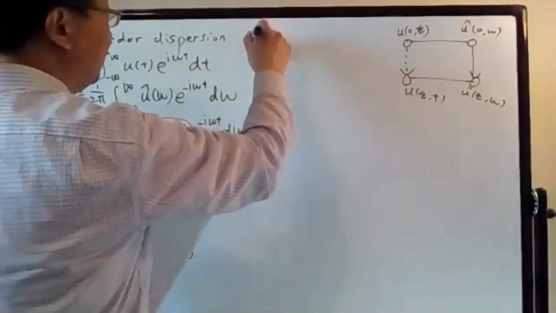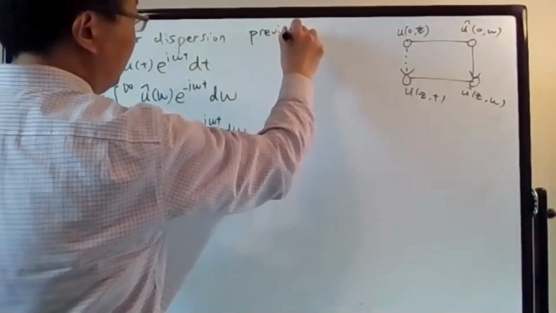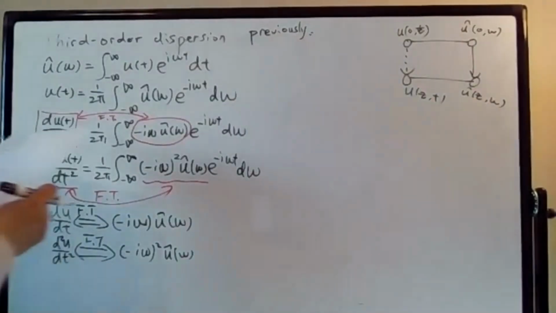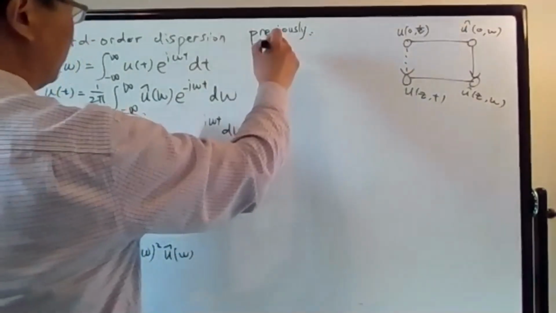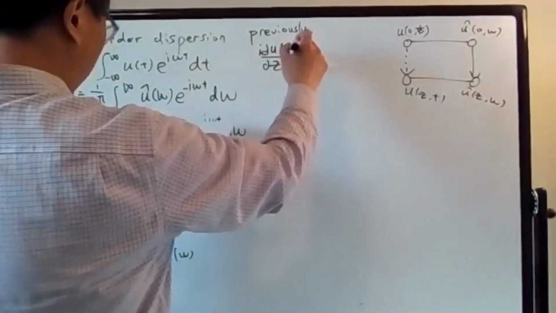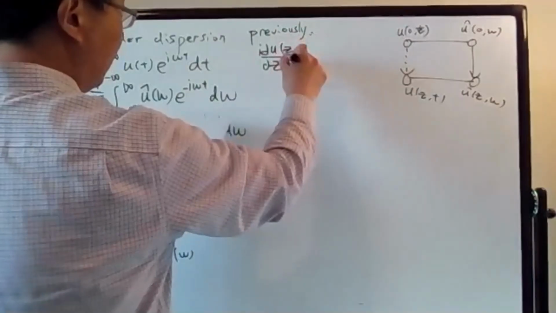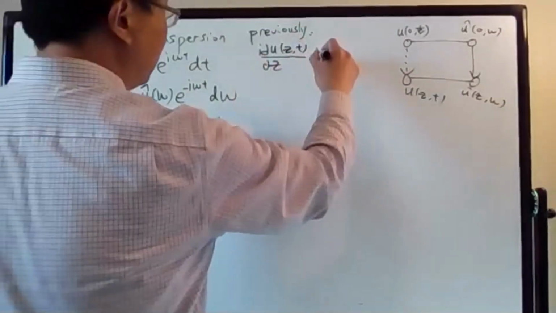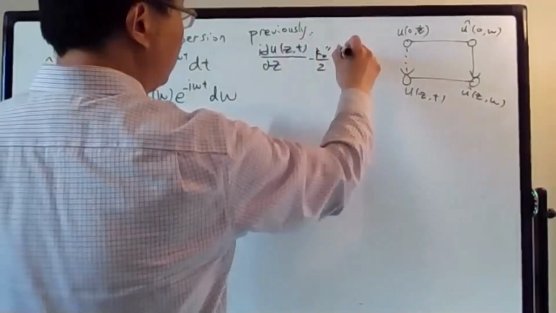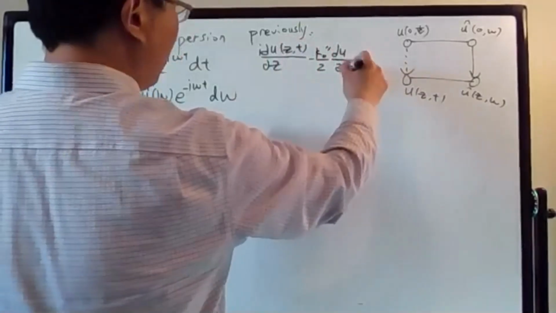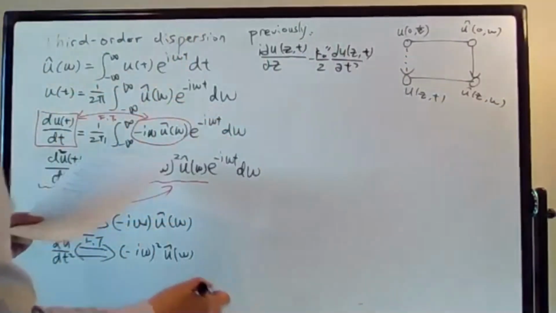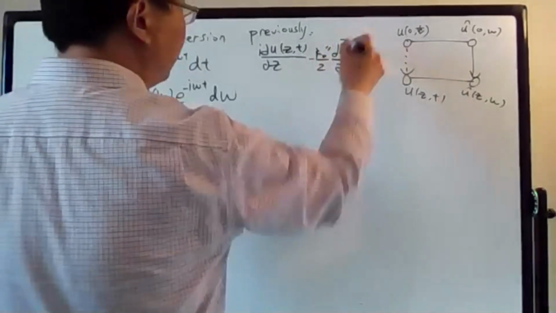Previously we did a lot of derivation, and we reached an equation: partial u partial z of u(z,t), minus k naught double prime over 2 times the second derivative, partial squared u partial t squared of (z,t).